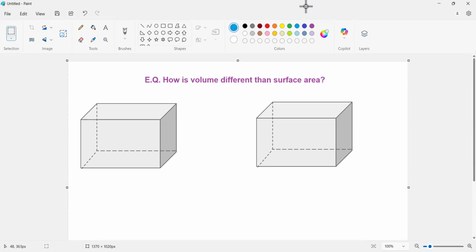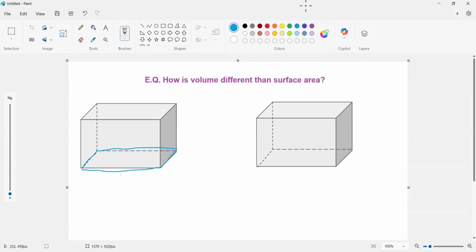So this object here that we have on the left, we have to figure out its base area, and this area is going to tell us how many cubic units we can fit. How much capacity can this cuboid or this prism carry?